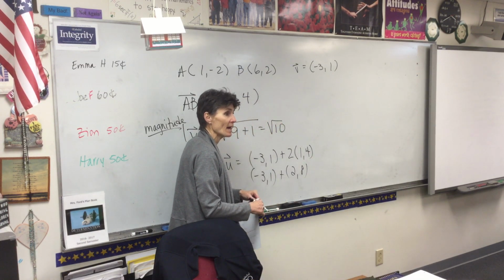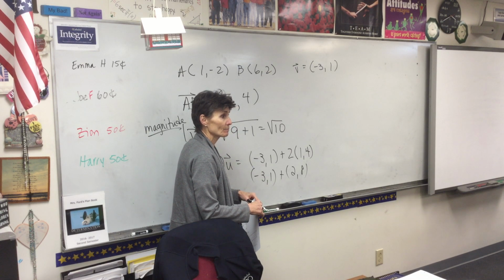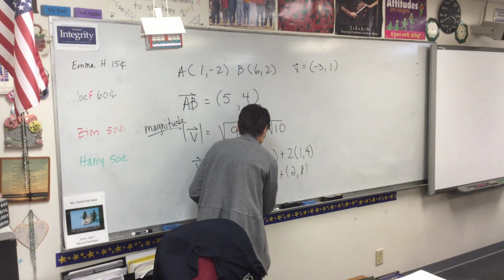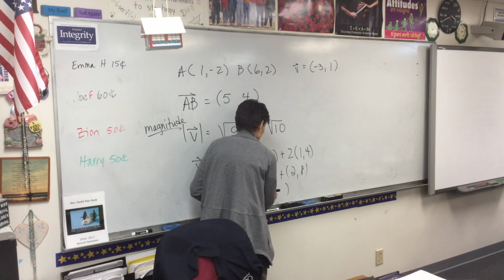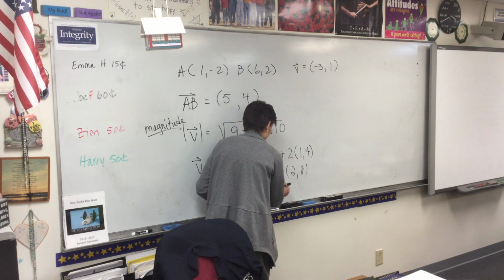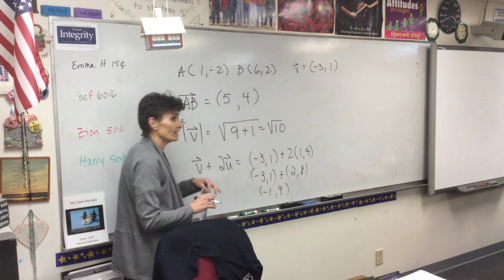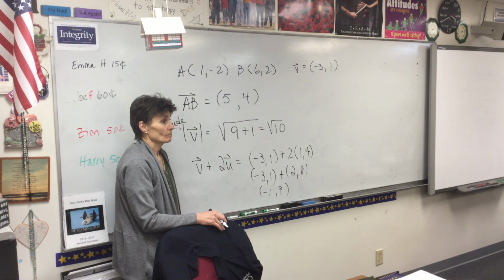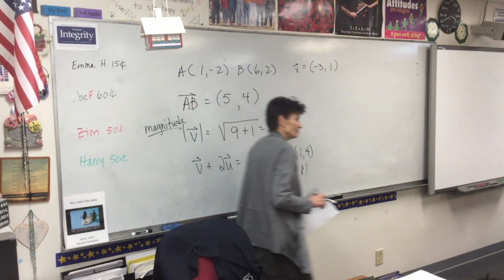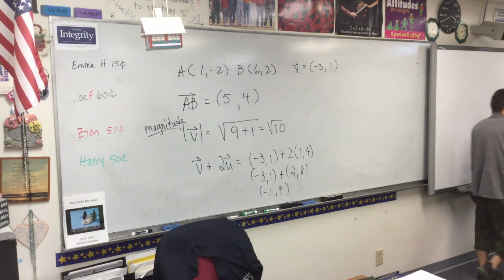No question about that. And then we're going to add. So when we add like terms, x to x and y to y, our answer is -1, 9. Right?